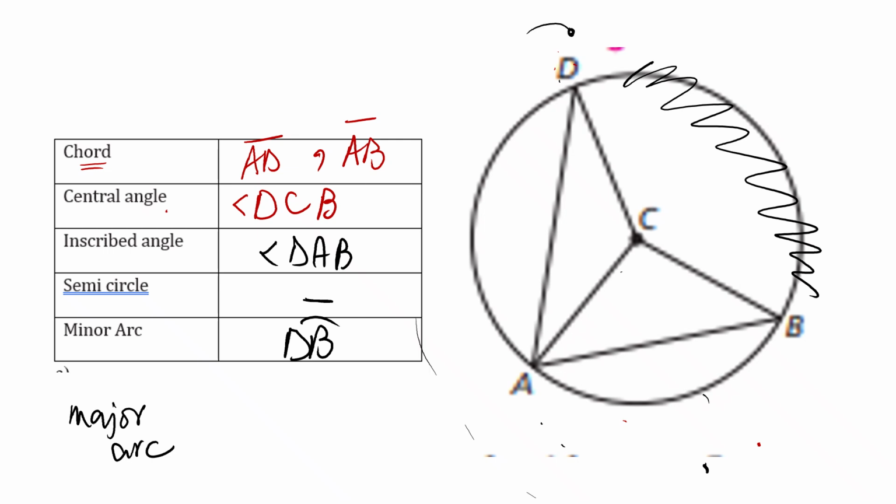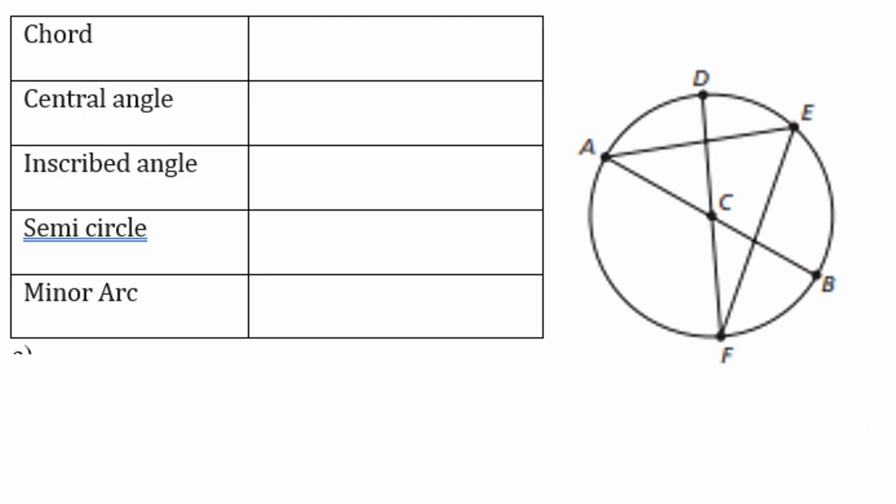So arc DAB is my major arc. And as I said, to denote the major arc you have to take at least 3 letters. So here the chord is very clear, that is AE. So segment AE is the chord.